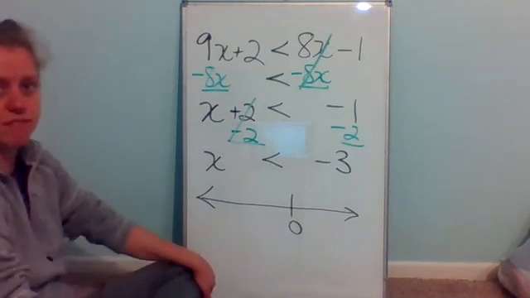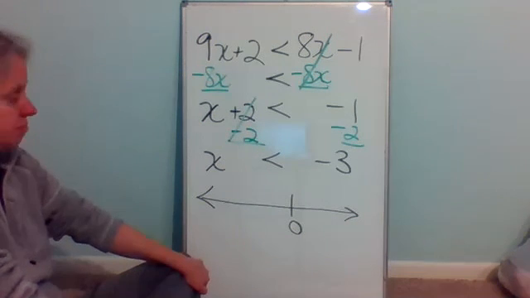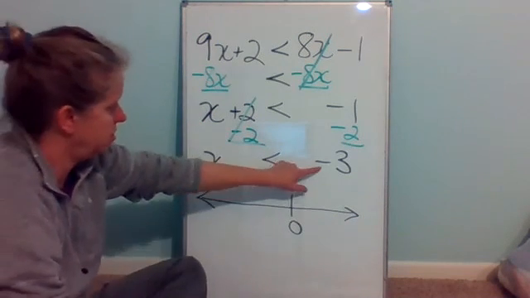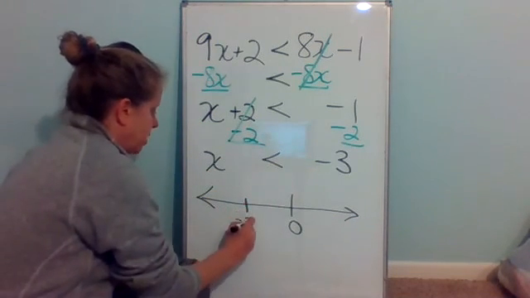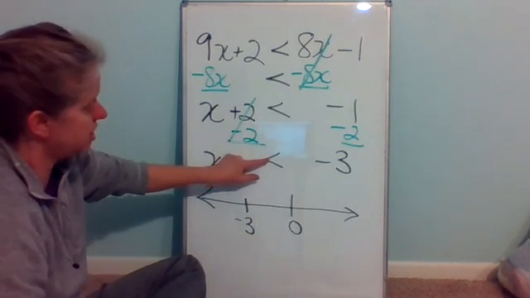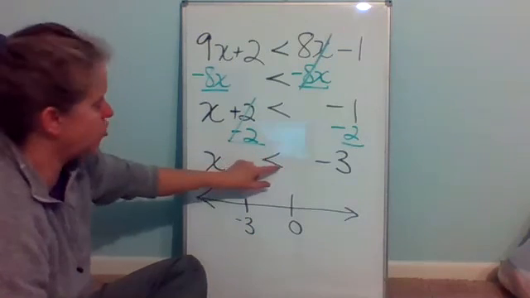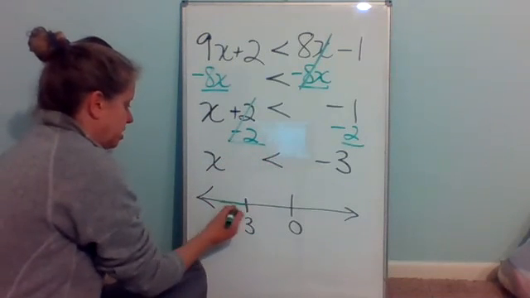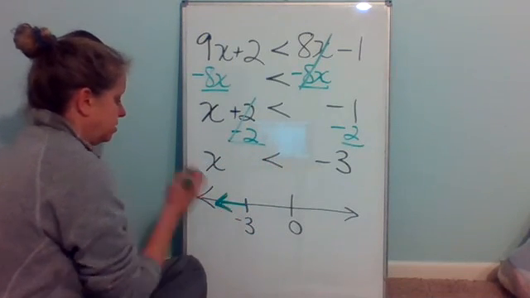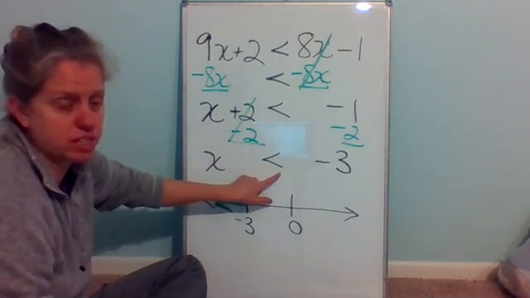So let's do our number line first. There's our 0. Here's my negative 3. Remember, just draw your arrow the same way that this arrow is pointing. If I draw my arrow the same way this one's pointing, it's going to go to the left. Then decide whether or not you need a bracket or a parenthesis.